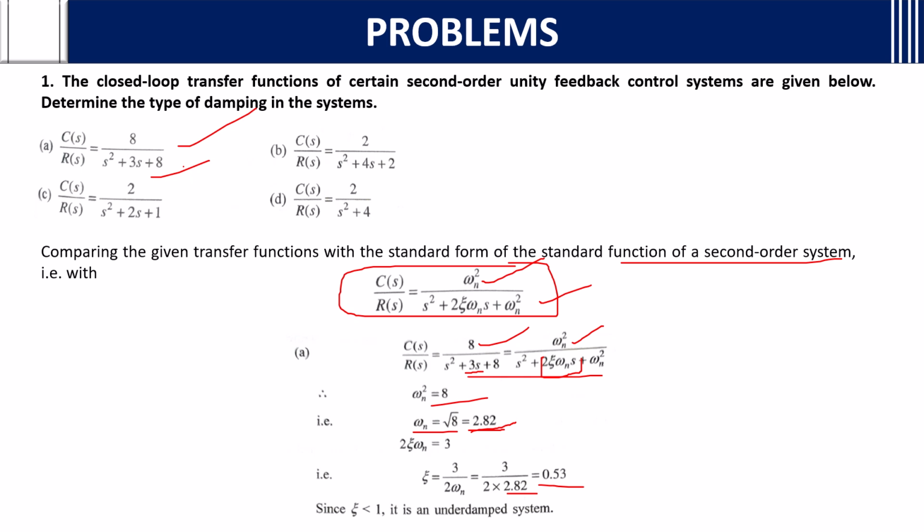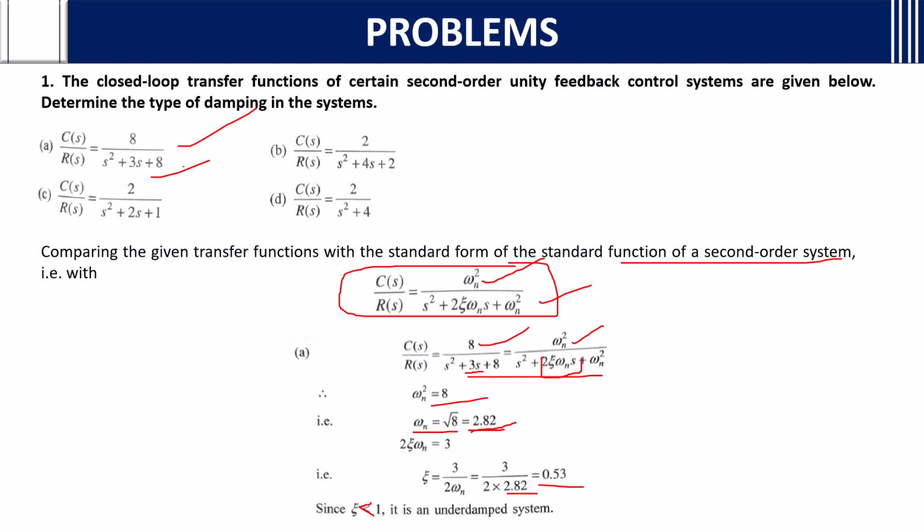Xi is less than 1, right? 0.53 is less than 1, so it is called an underdamped system. Like this, based on the topic of second order systems, the conditions xi less than 1, xi greater than 1, or xi between 0 and 1, we need to decide whether it is underdamped or overdamped. If you missed that video, please do check it out.